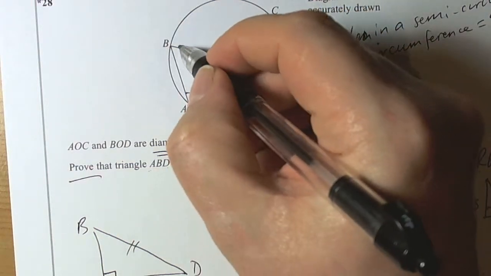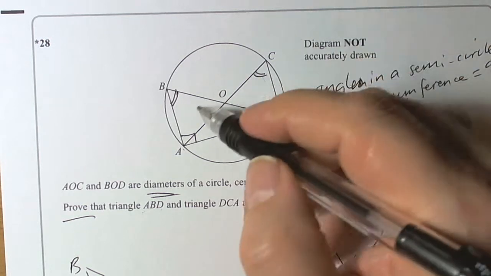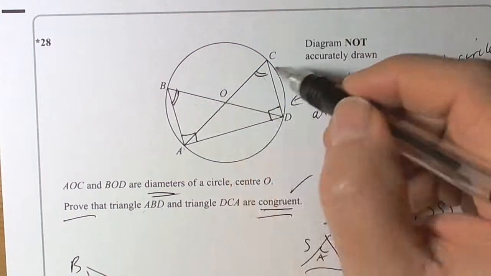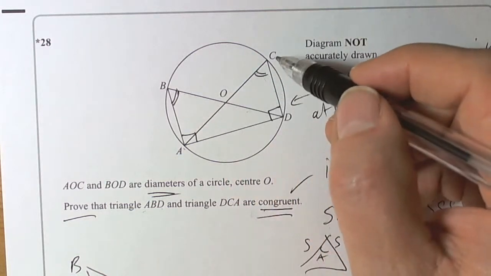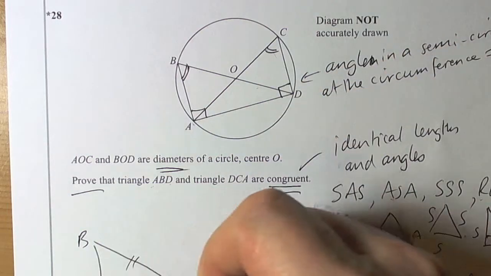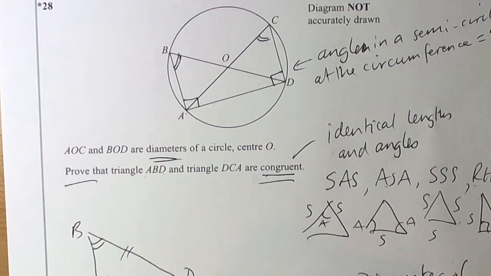Well, we can see here that this angle here must be identical to this angle here, because they're angles coming from the same arc, or angles in the same segment, are equal. So we know that the angle ABD is the same as the angle ACD.